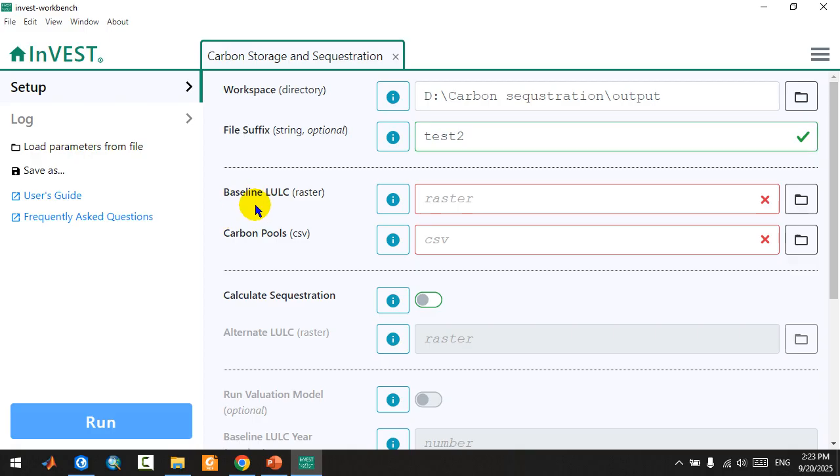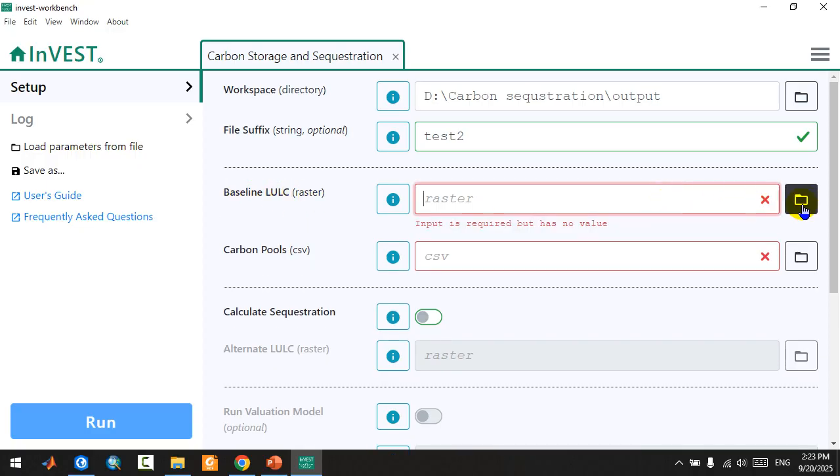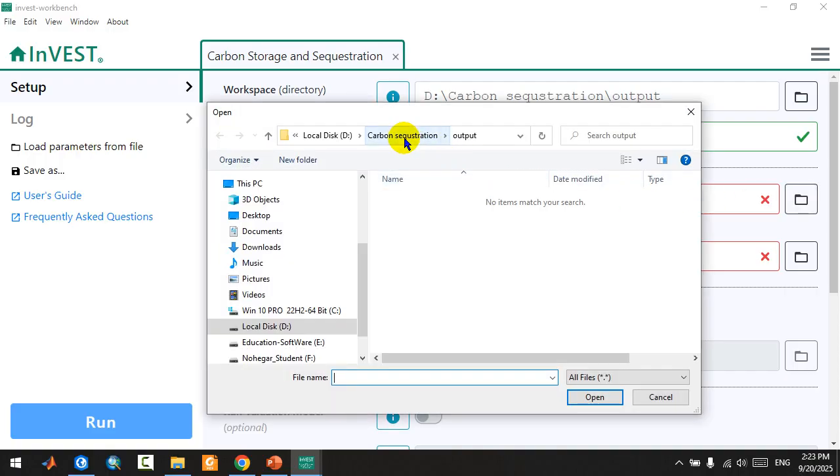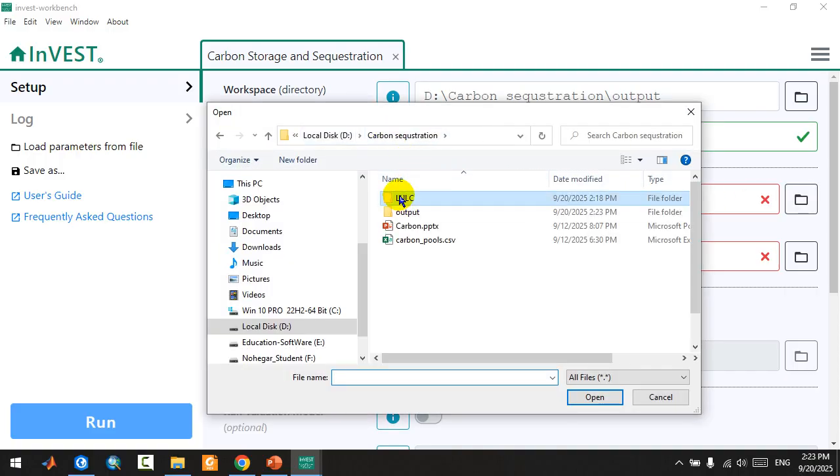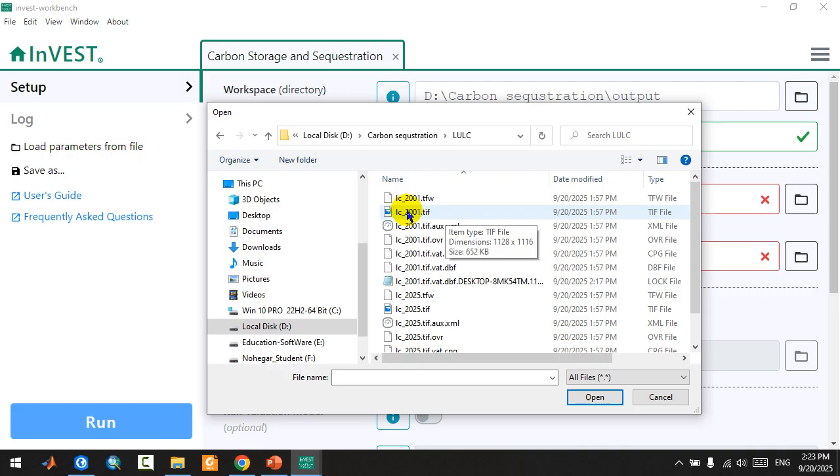Okay, we will calculate the effect of land use change. Then we need the land use change from 2001 to 2025 years. Okay, the baseline raster is in the folder carbon sequestration, LULC, LC underline 2001.tif.